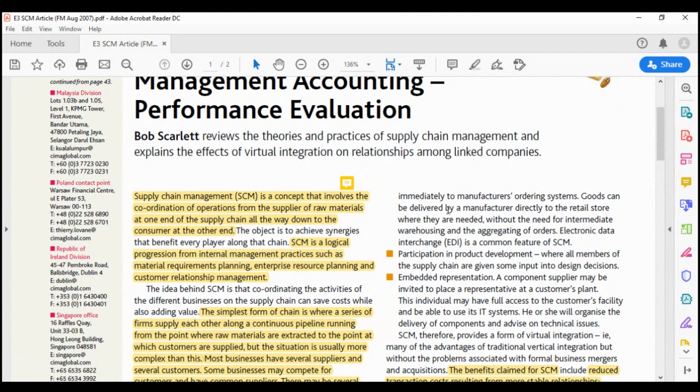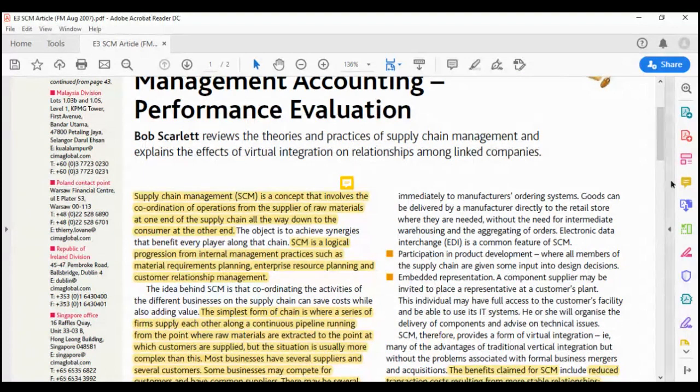The goods can be delivered by the manufacturer directly to the retail store where they need it, without the need of an intermediate warehouse or an order system. And as I said, it's all facilitated through electronic data interchange, which is the linking of computer systems. Typically, the most commonly used systems are SAP and Oracle.